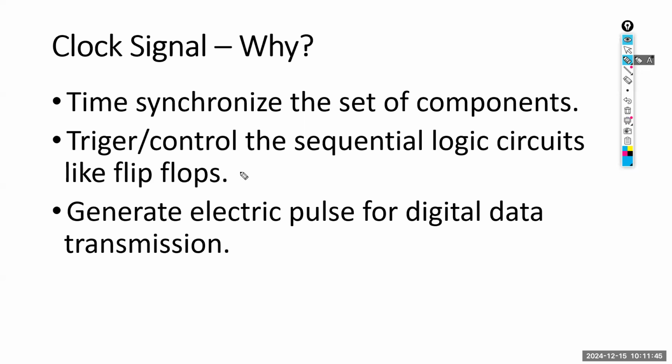And it also generates the basic timing for transmission of your pulses or data from one place to the other, like memory to the processor and so on. But we are more interested in the second aspect.